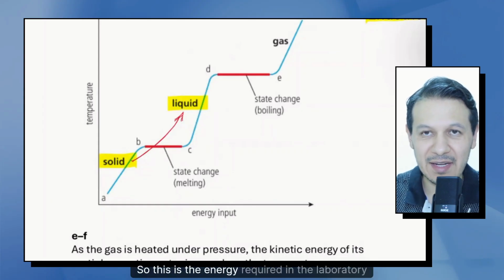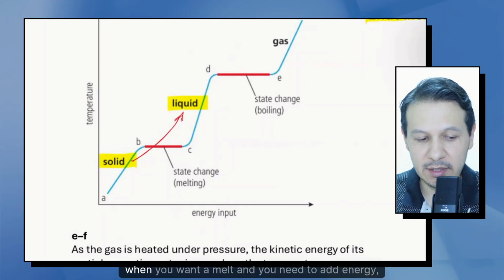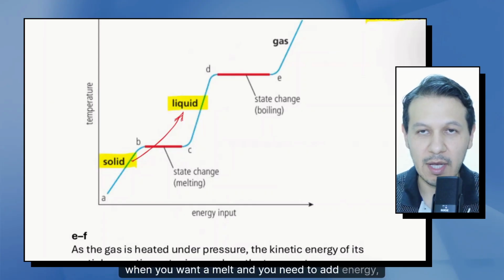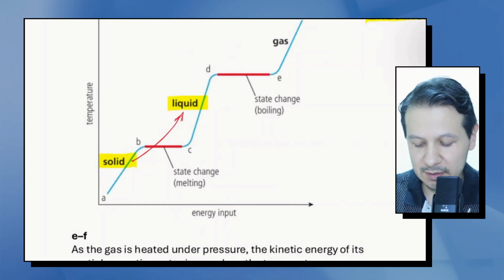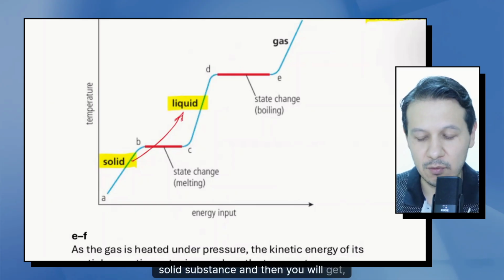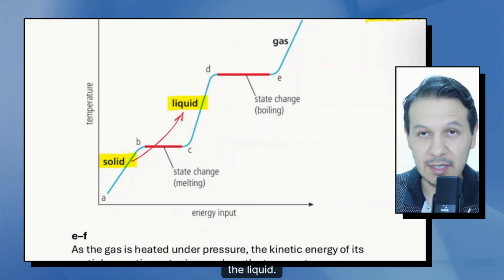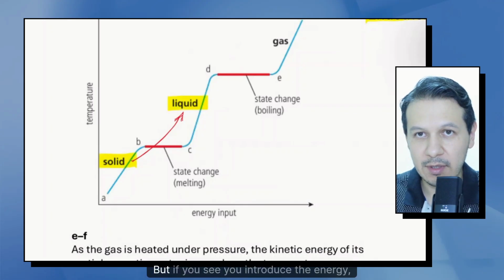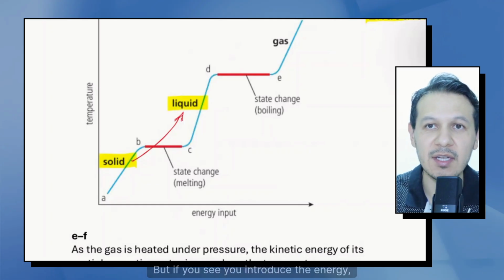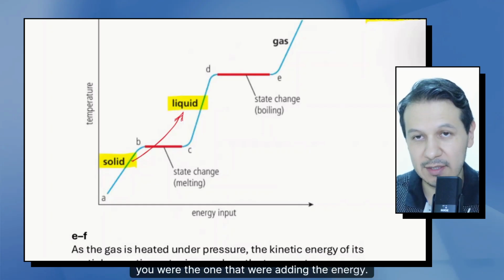This is the energy required in the laboratory: you have to increase the heat of this solid substance, and then you will get the liquid. You introduce the energy; you are the one adding the energy.